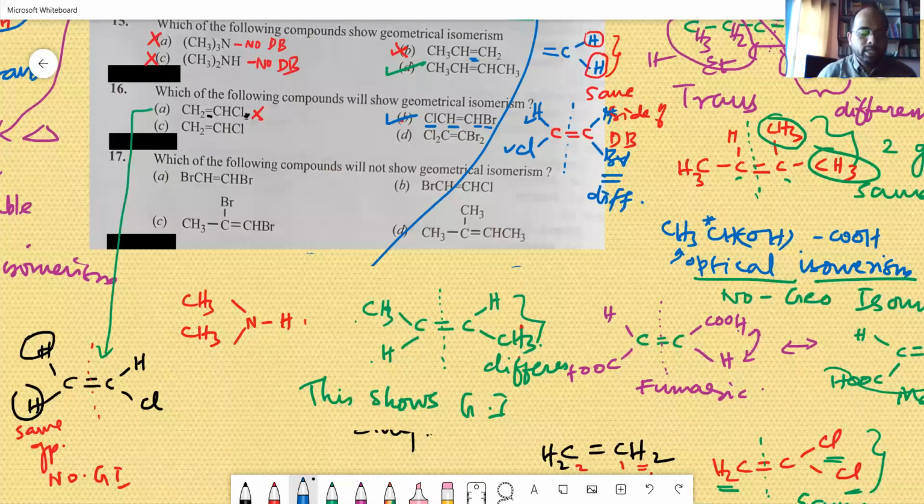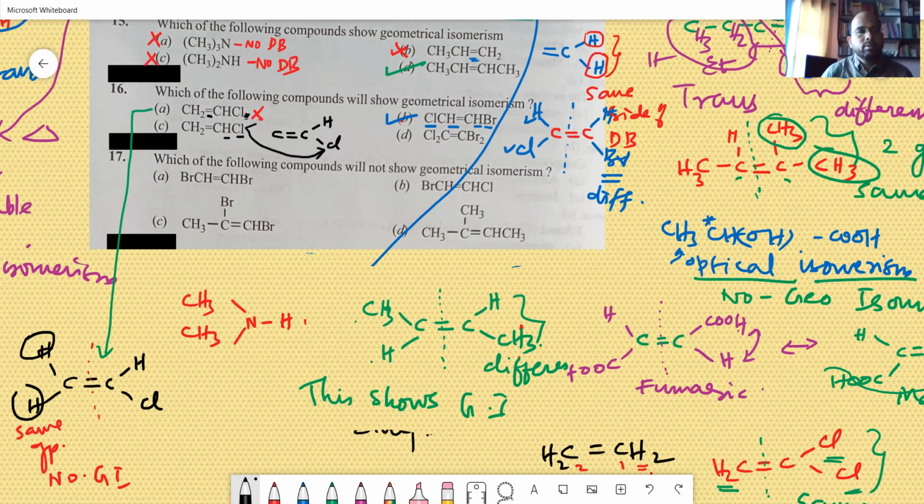Now take up this compound CH2 double bond CH2Cl. First put the double bond, then put H here, Cl here, this H and this Cl. Then across the double bond, you have both hydrogen atoms. You can see these two hydrogens are the same.